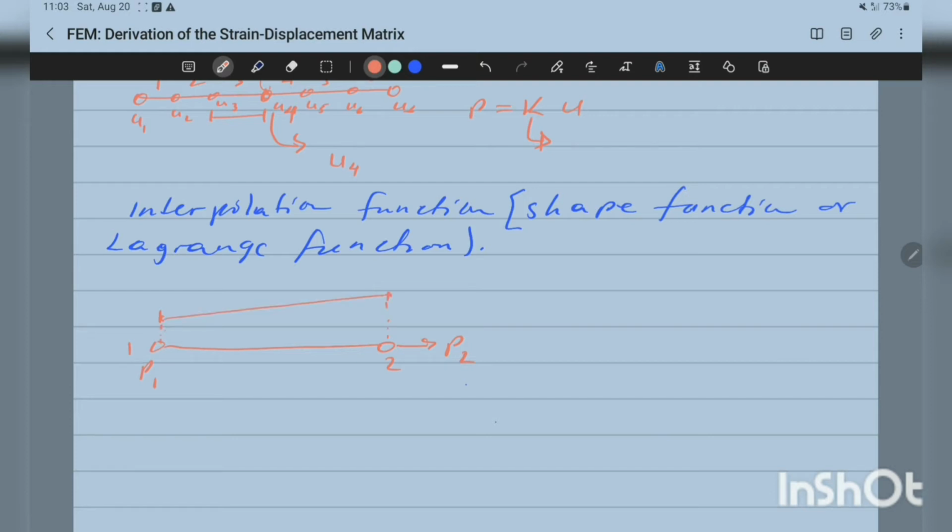If the displacement at node 1 is u1 and at node 2 is u2, then the displacement is given by u equals a plus bx, which is the equation of this line. So displacement anywhere on the bar can be given by the equation of this line, u equals a plus bx.